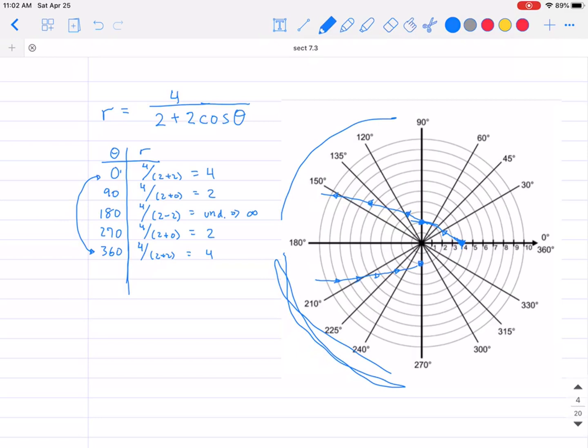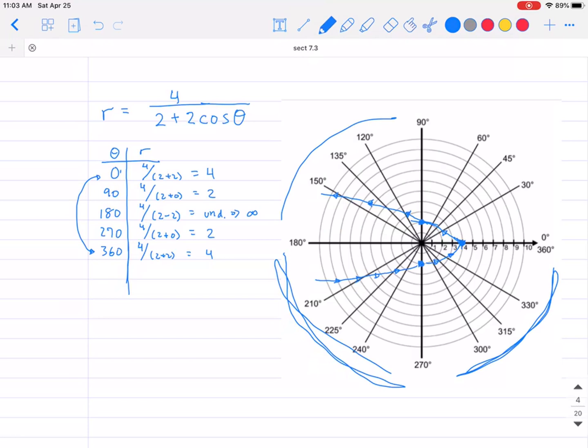So your sketch might be something like this. It's going to go up across this way, and then back in this direction. And then finally, from 270 to 360, which is in quadrant 4, we're going to go from 270, 2, which is down here, back to 360, 4, which is the original point. So that is going to be this right here. That is going to be my sketch of the curve.